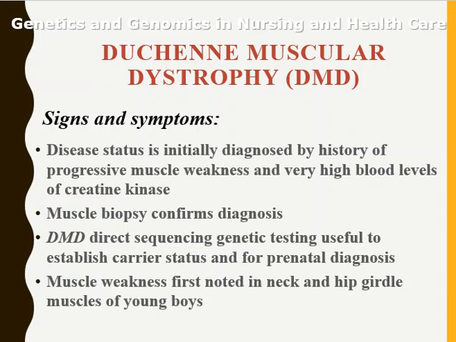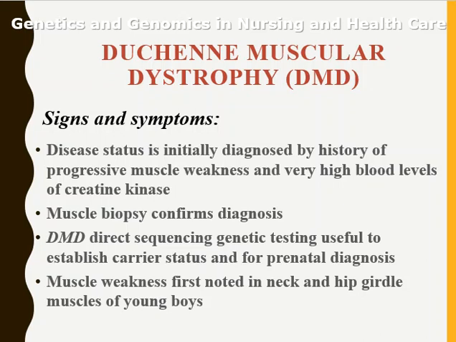And so the amount of creatine kinase and myoglobin decreases as the child ages because there's not as much muscle left to destroy. And muscle biopsy confirms the diagnosis. Okay, and then the DMD direct sequencing genetic testing is useful again for carrier status and for prenatal diagnosis.